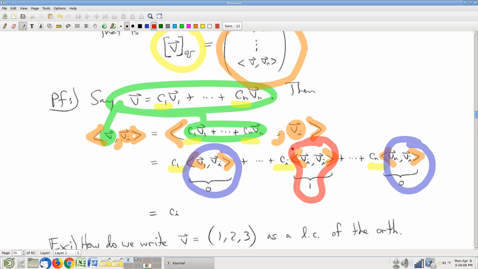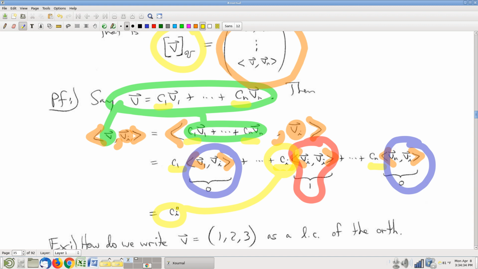So fantastic things have happened here. We get this great big expression. A lot of these terms go away because they have a factor of 0. This factor goes away because as a factor is 1. And notice all you're left with is this single coordinate ci there. It's the only thing that doesn't disappear in the dust of that calculation.